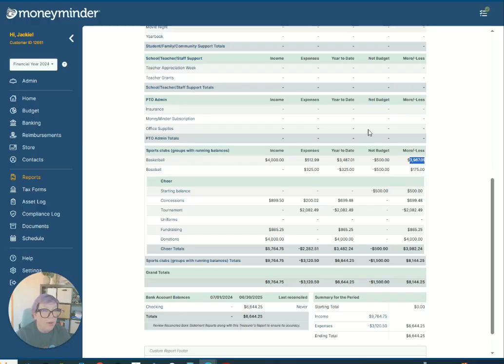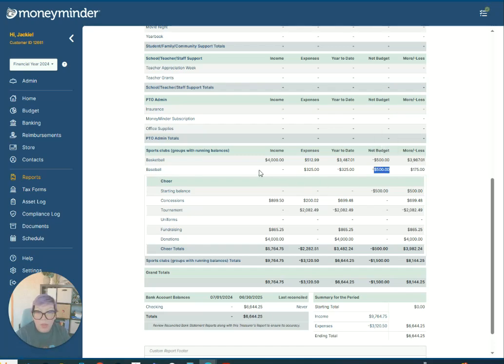And how did we get that figure? Well, that was the $500 we started with plus the income minus the expenses equals the ending balance of $3,987.01.